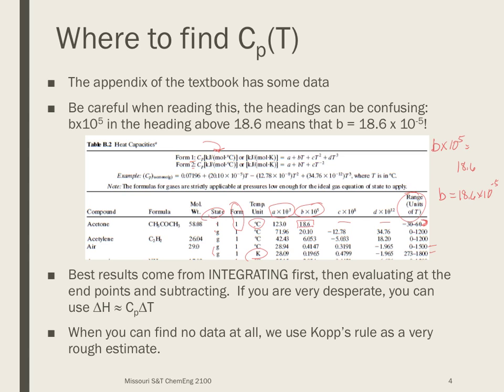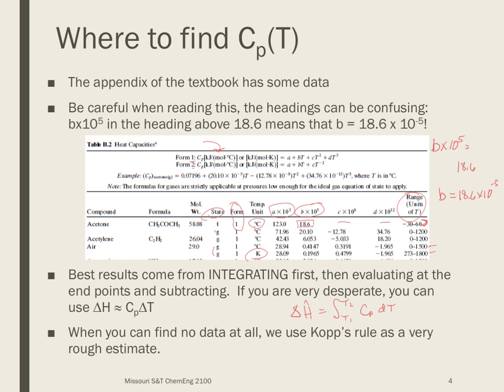Now, when using information from Table B.2 or similar sources, the best results will come if you integrate first. We're doing this in delta H equals the integral from T1 to T2 of C sub P dT. So do the integration first, then plug in your limits of integration and subtract.